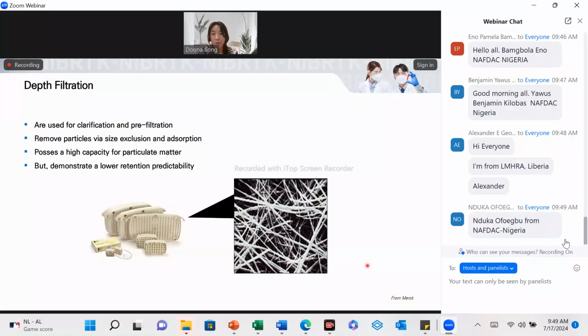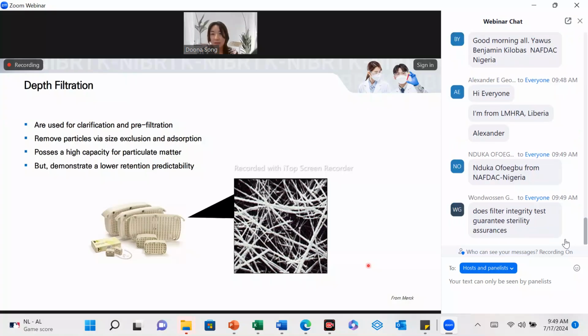It's great for removing larger particles ahead of more precise filtration steps. But they show limited precision. Because they do not have a specific pore size, depth filters are not as precise as other filtration, such as membrane filtration. They are less effective at removing very small particles or microorganisms.